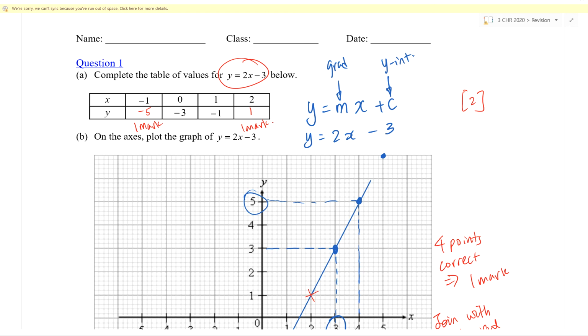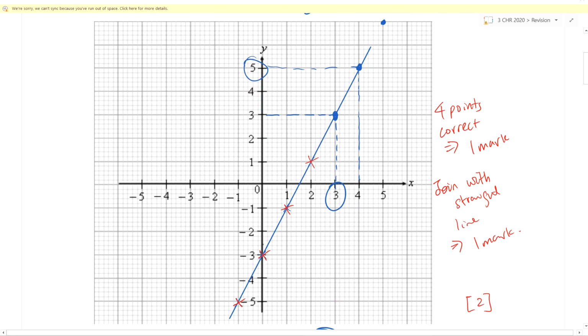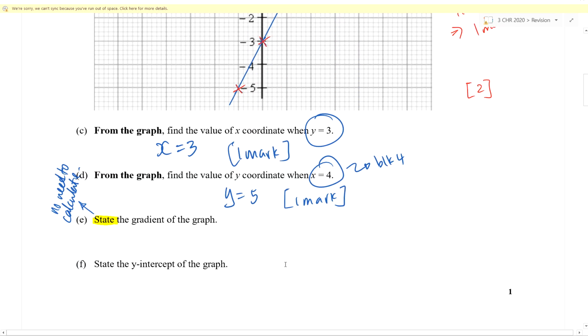Then followed by x, and then I see a plus c. But instead of plus c, my equation says minus 3. So the y-intercept is negative 3. Let's confirm that. Oh yes, it intersects at negative 3. So it tallies. So here, state, well, the gradient is just 2. 1 mark. State the y-intercept, we saw that it was negative 3. 1 mark.